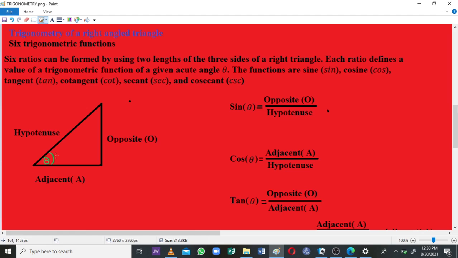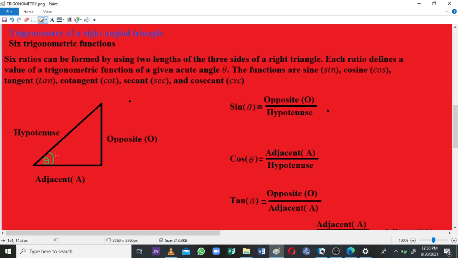Now the functions or ratios are the sine ratio, the cosine ratio, and the tangent ratio. The sine ratio is abbreviated as sin, the cosine is abbreviated as cos, and the tangent ratio is abbreviated as tan.